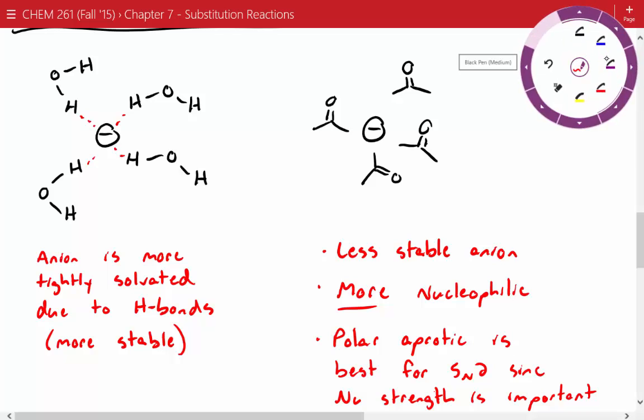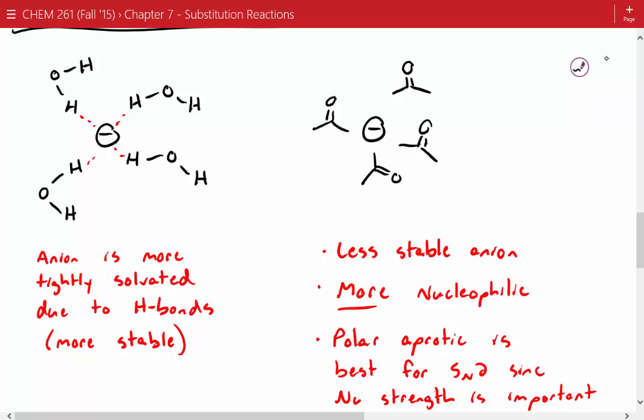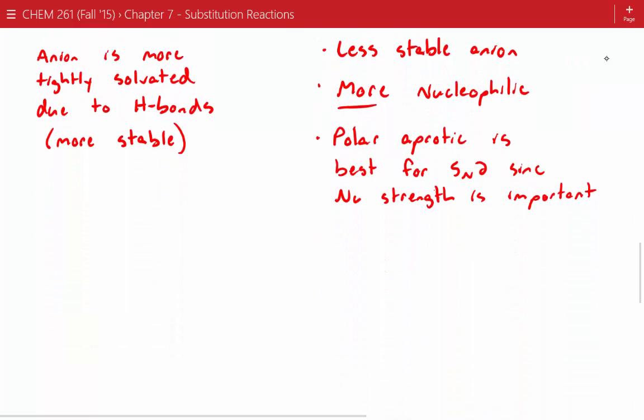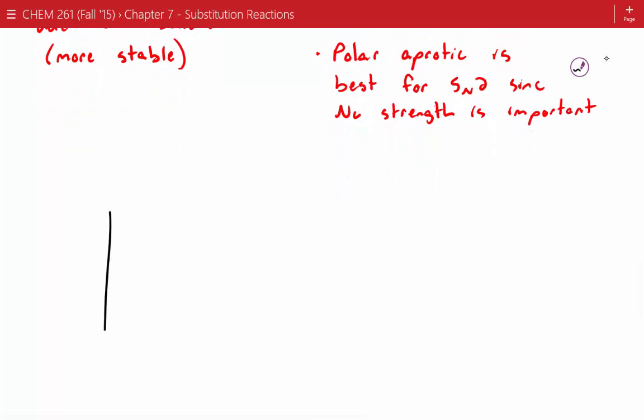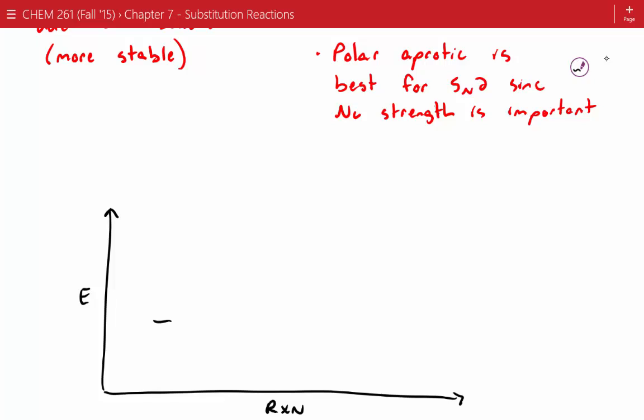Another way of thinking about this is with an energy landscape. So let's make an energy landscape. Where we've got energy here, we've got a reaction here. So let's say our nucleophile and protic solvent is with black, and it has some activation energy to go to our product.